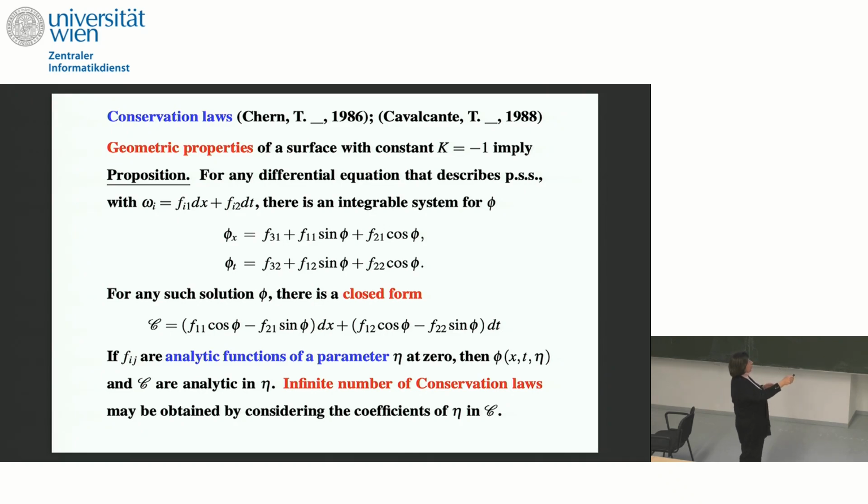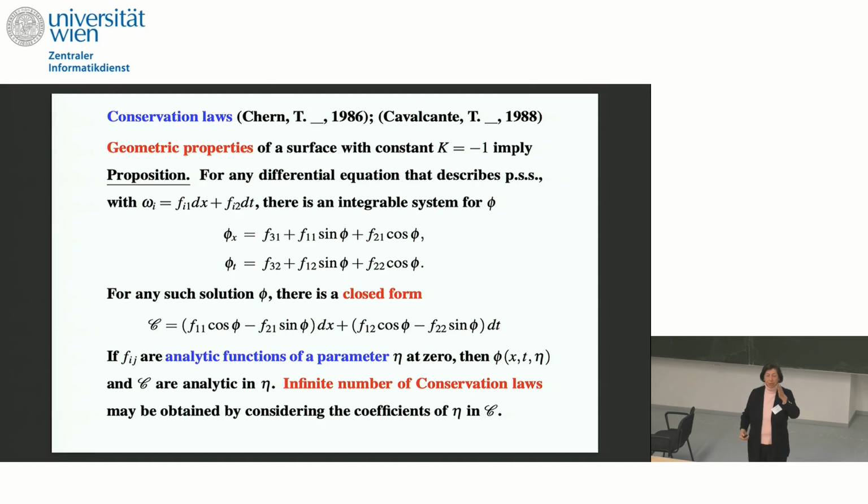Once I have this phi satisfying this system, I plug it in here, and this is a closed form. Now, assume that your Fij's are analytic in a parameter, let's say eta. Then the theory tells you that phi will be analytic in this parameter, and then you can plug it in here, and this will give you an analytic closed form in the parameter eta.